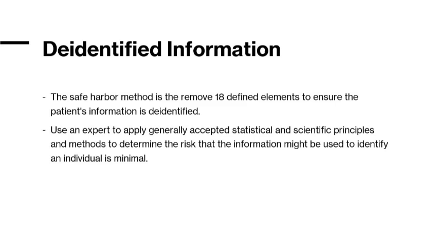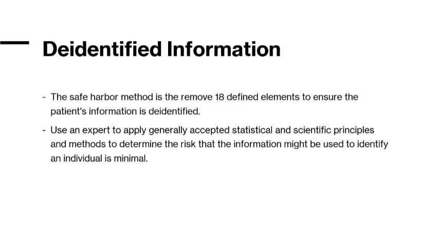There are two options in reference to HIPAA for de-identified information. The first is the safe harbor method, which removes the 18 defined elements that we previously mentioned to ensure that the patient's information is de-identified.